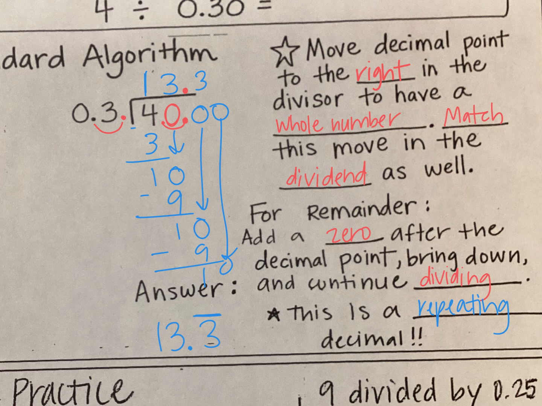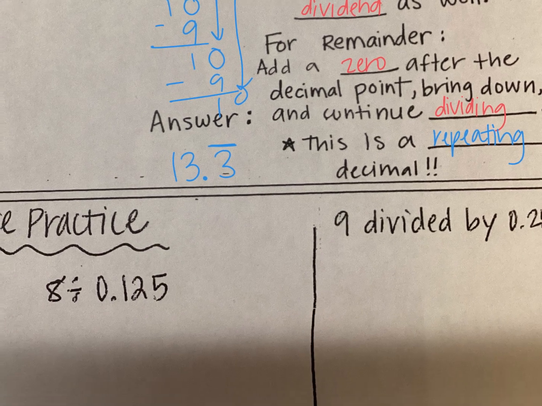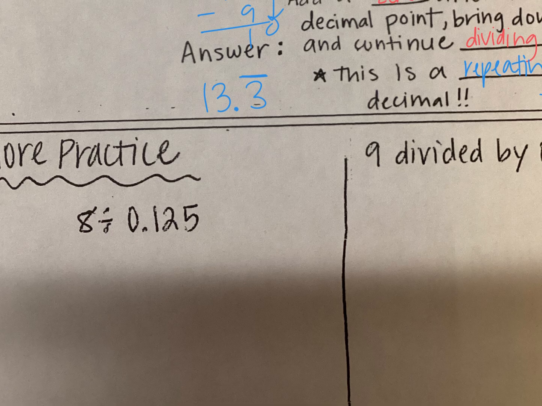We're going to do a couple more examples where we are dividing a whole number by a decimal. Looking down at the bottom, we're going to do 8 divided by 0.125 thousandths. Which one goes inside the division box? The 8.